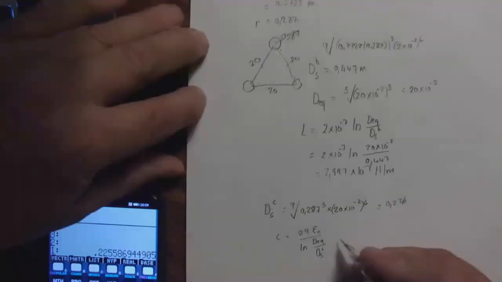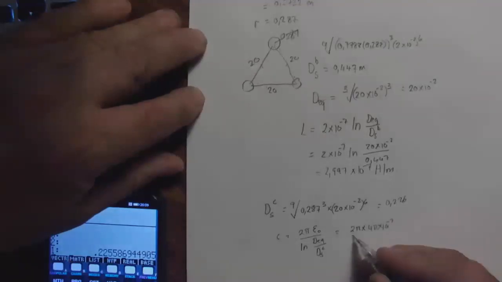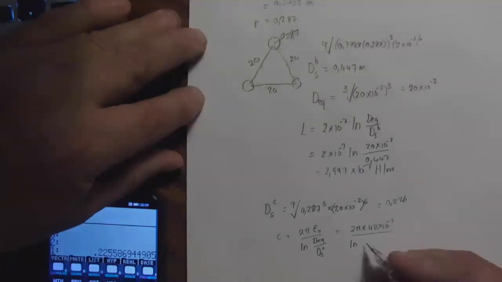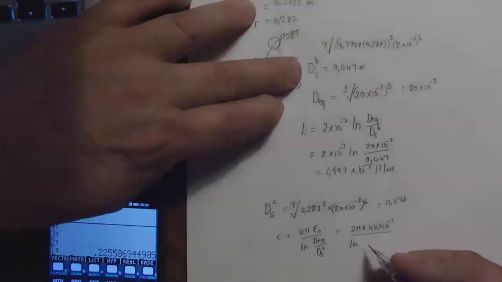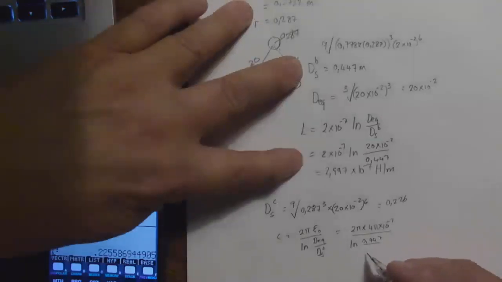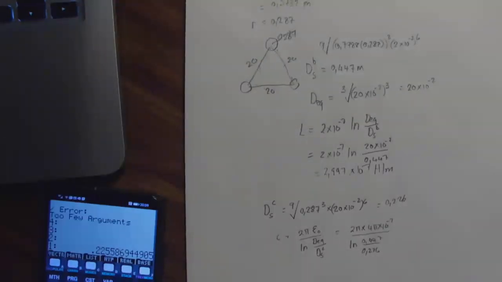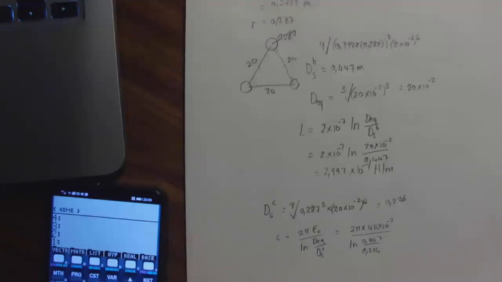Right, so that is 2 pi times 8.85 times 10 to the minus 12 over the ln of 0.447 divided by 0.226. That 4 pi times 10 to the minus 7, is that the permittivity of free space?